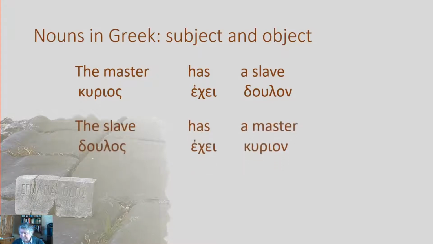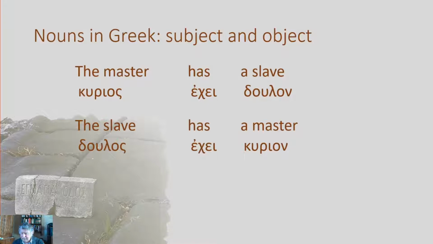But notice, if we change it round, if we put the other sentence in, the slave has a master, where we've changed the word order, doulos eche kurion. But notice that although we've changed the position of the words, the os seems to stay where the subject is, and the on tends to stay where the object is.